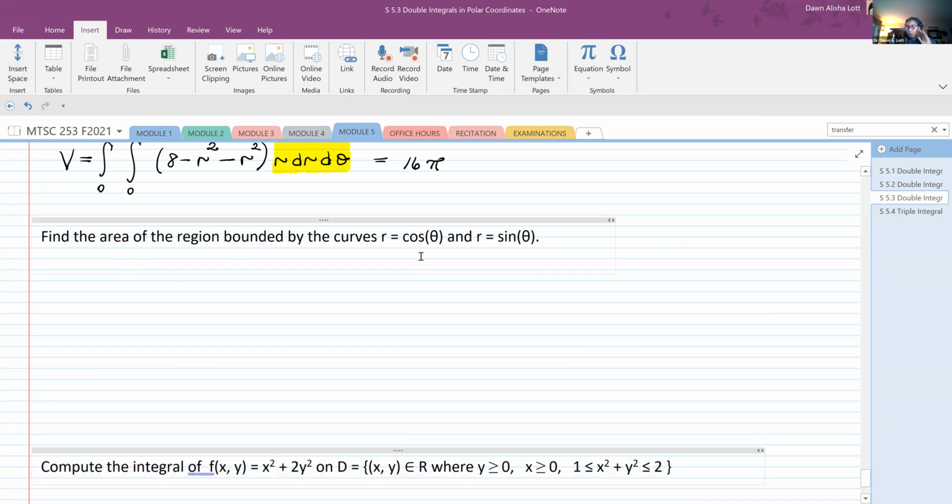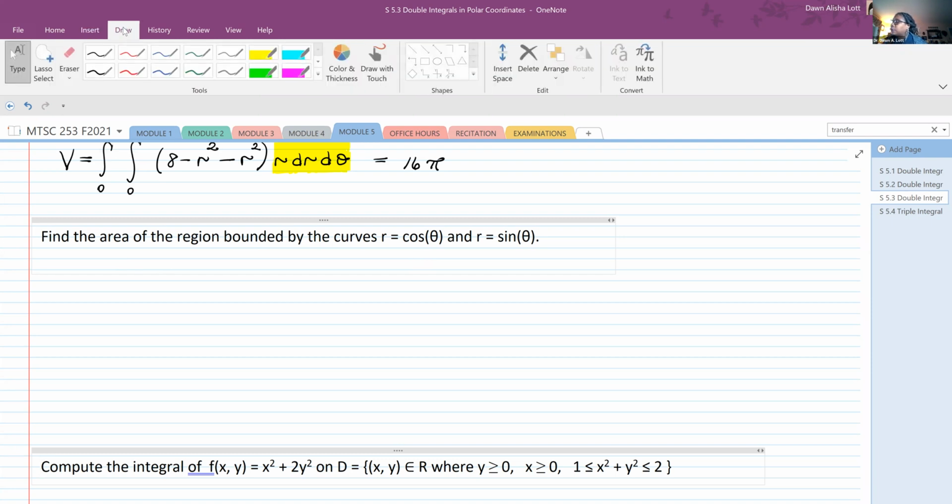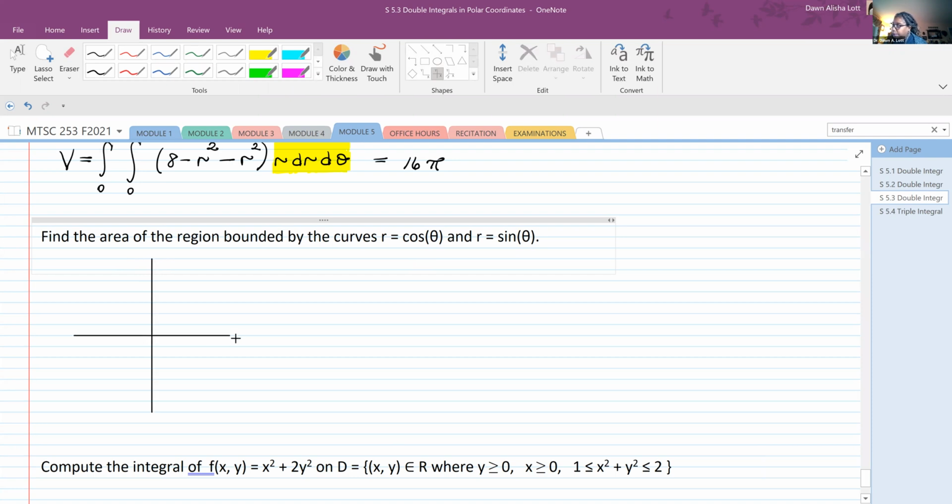Bounded by the curves, r is equal to cosine theta and r is equal to sine theta, which we've graphed before. Those are 2 circles that look like this. They both have radius 1.